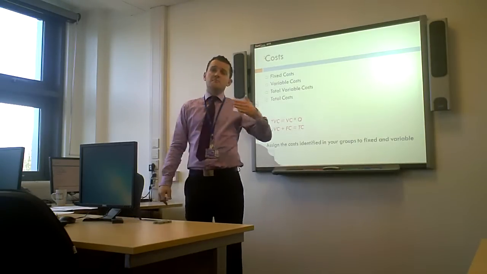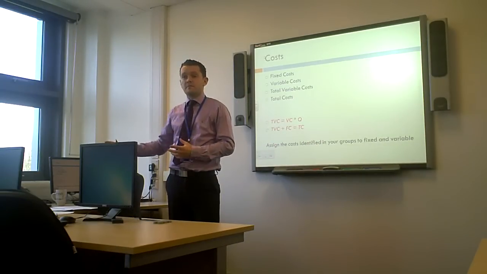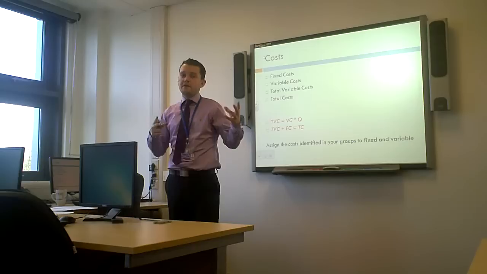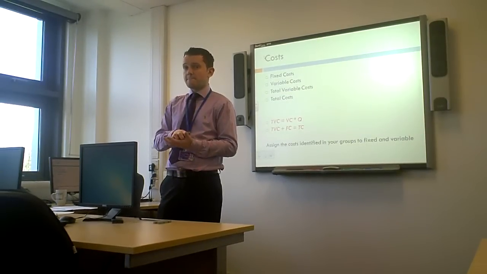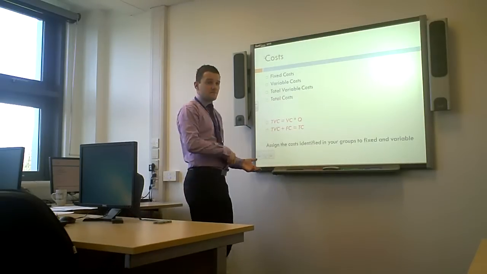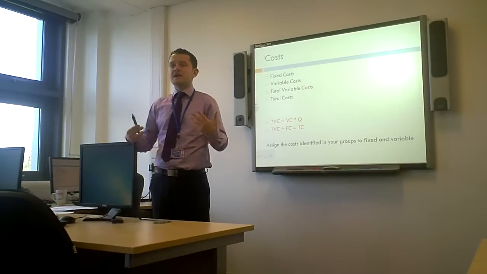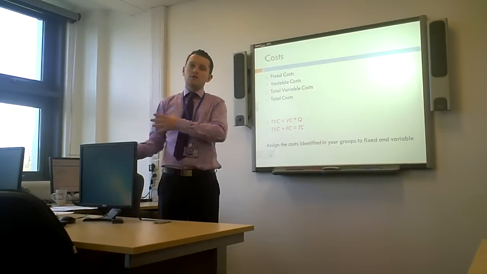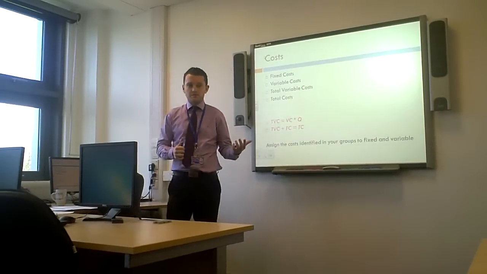If I produce 1 million products, I still have to pay the same fixed costs for the month. It doesn't matter how many I produce, they stay the same regardless. Variable costs are the opposite. Variable costs will increase with output, will change with output. So the more I sell, the more my variable costs go up.